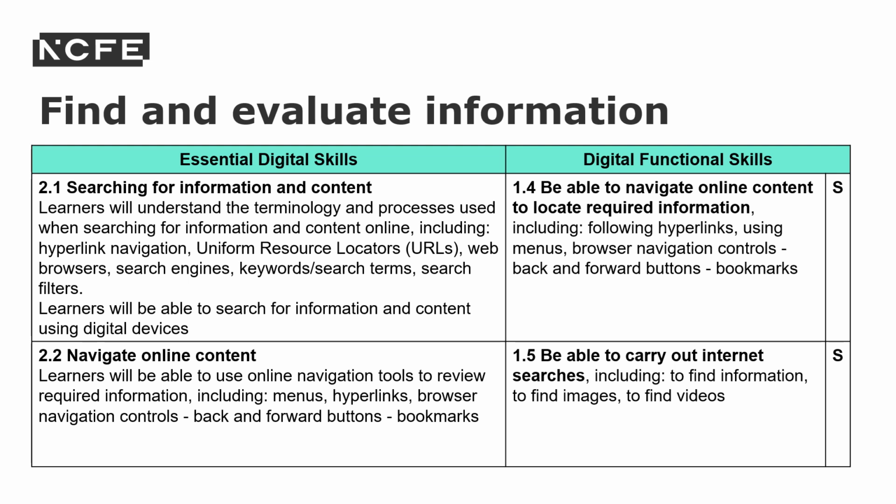And for essential digital skills, learners must understand the terminology and processes used when searching for information and content online and be able to use online navigation tools to review required information. For digital functional skills, these learning outcomes are both assessed in the skills section. But as I said before, we can't be certain whether for essential digital skills that will be the same.